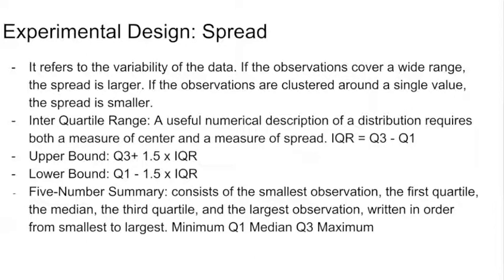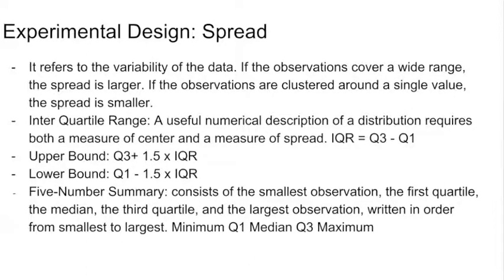To find the upper bound, we take the third quartile plus 1.5 multiplied by the IQR. And to find the lower bound, we take the first quartile minus 1.5 times the IQR. If we want a quick summary of our data, we use a five-number summary.